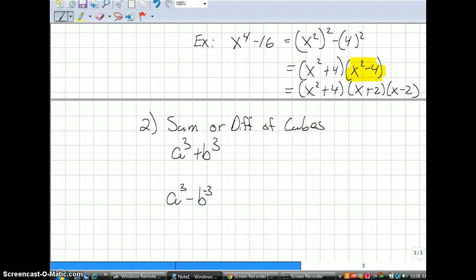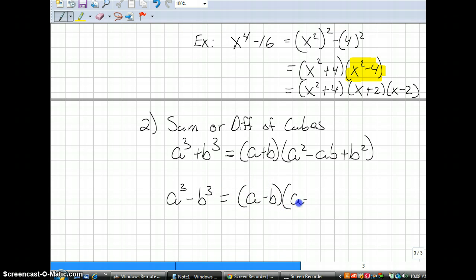Now, these always factor to a specific formula, and you have to memorize this formula. a cubed plus b cubed will always factor to (a plus b) times (a squared minus ab plus b squared). And that's as far as it will factor. And again, it's just a formula, you have to memorize it. a cubed minus b cubed will always factor to (a minus b) times (a squared plus ab plus b squared).